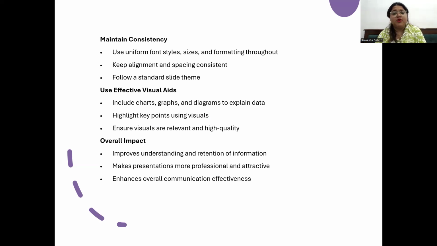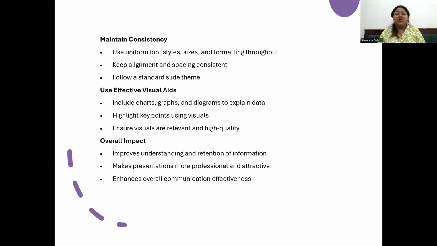Because highlighting key points is visually appealing to the audience, because the audience loves to see more charts and diagrams rather than paragraphs. So ensure visuals are relevant and of high quality. Because if your presentations are audience friendly, it improves understanding and retention of information.